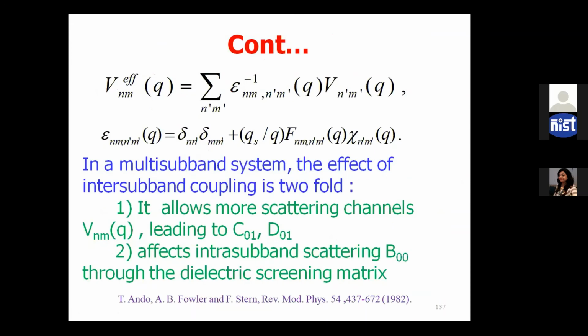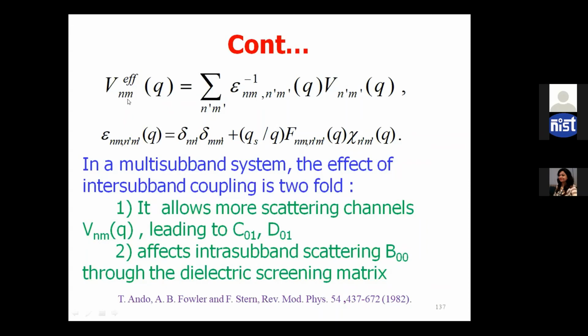As I already told, for example, if you are walking on a normal road, and if you try to walk on water, you will face a different force. This is due to the nature of the material. So the dielectric constant has a very important role in this screening effect.